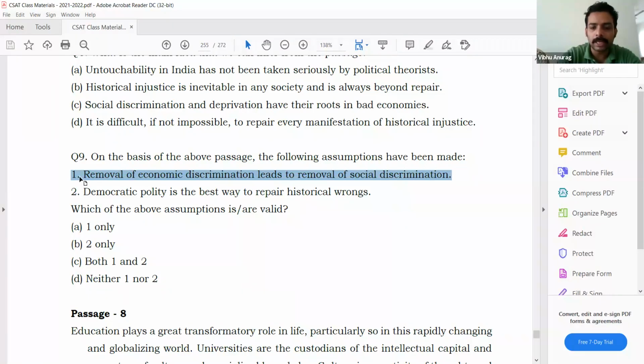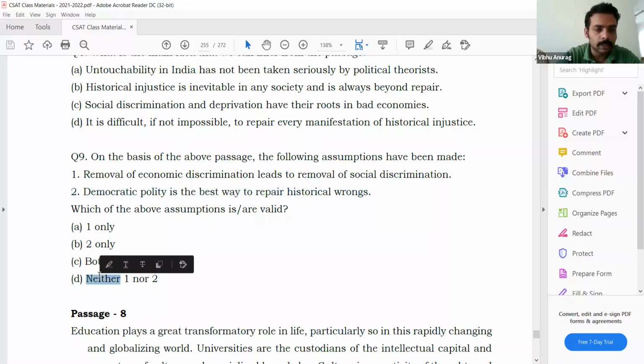So we can't say that the author believes in 1. So that's wrong. Second one, democratic polity is the best way to repair historical wrongs. This passage does not talk about democratic polity. So 2 is also wrong. So the answer is D, neither 1 nor 2. D is the answer, neither 1 nor 2.